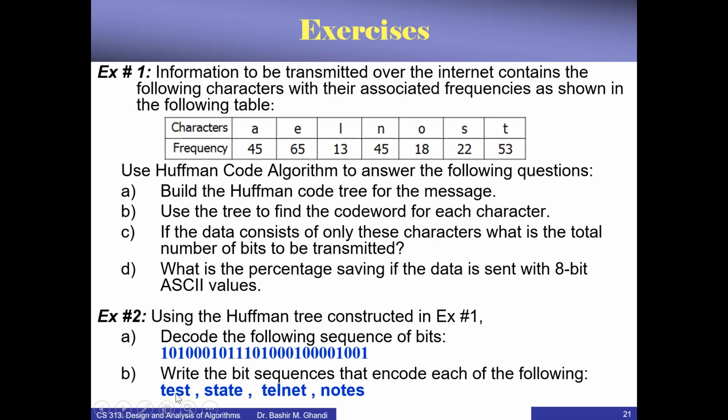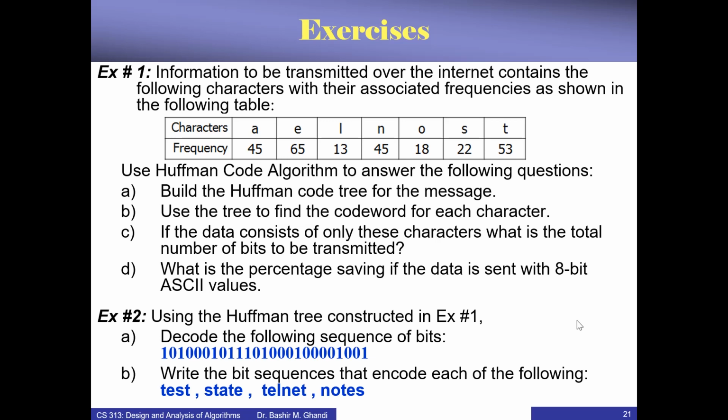So now it's the reverse. Instead of giving the sequence of bits, you are now given a sequence of characters. What is the equivalent of these characters in terms of bits? Those are the exercises, and that brings us to the end of the lecture on greedy algorithm. Thank you very much.